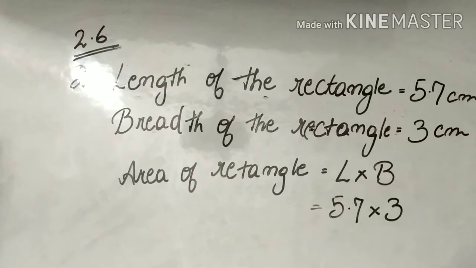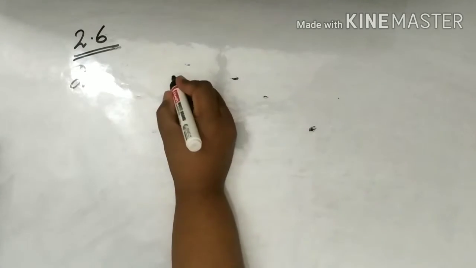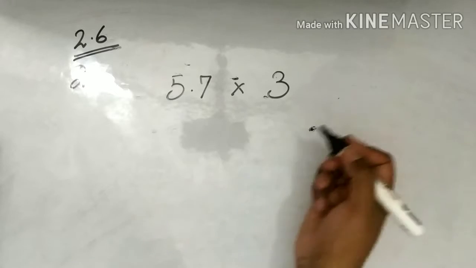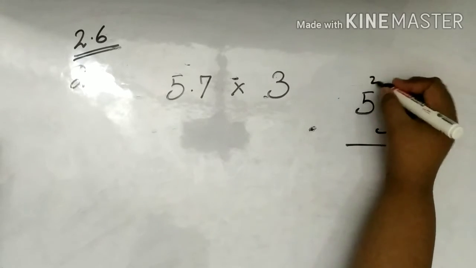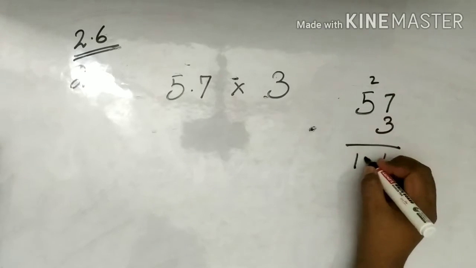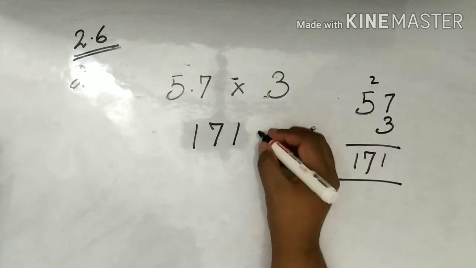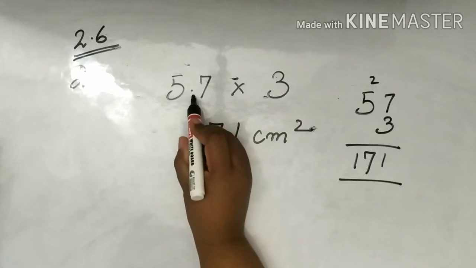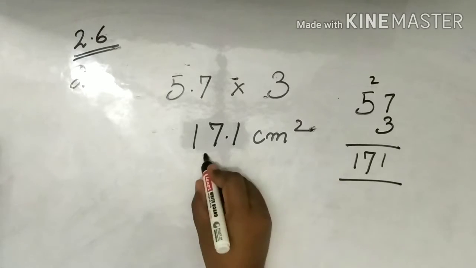So firstly, let's do it. That is multiply 5.7 and 3, right? So we'll firstly find the product of the number, 171, right, centimeter square. So over here there is 1 point, so here we put it like this, and the answer will be 17.1 centimeter square.